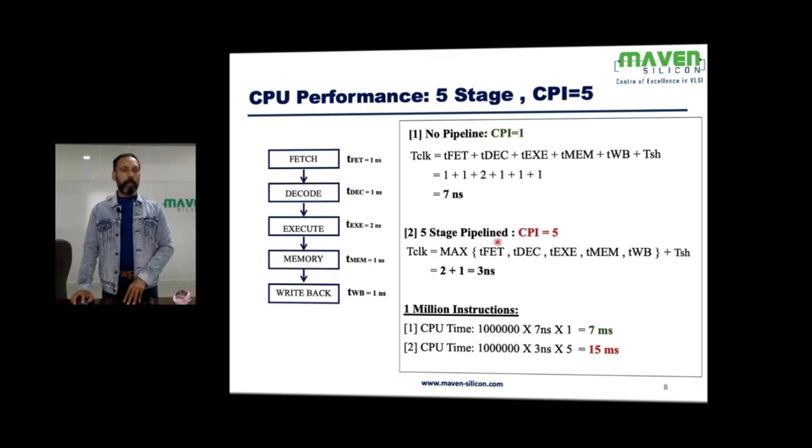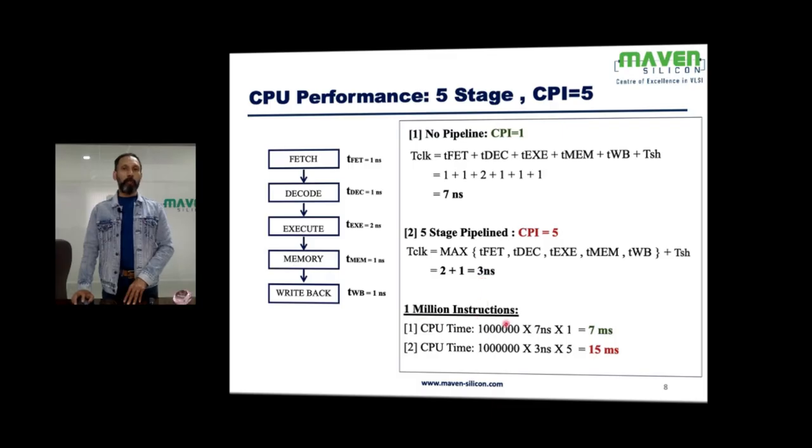And for a 5-stage pipeline processor, yes, but the CPI has become 5. Let's see the impact. T clock is the maximum of one of the delays. So which one is maximum? The execution stage, which is 2, and setup time and hold time 1 nanosecond, 2 plus 1, 3 nanoseconds overall.